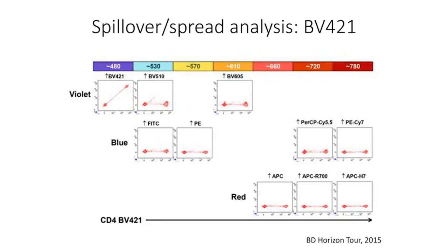Let's take the example of BV421, one of our bright fluorochromes. On the x-axis, we have CD4 expression. Okay, so we have negative and positive cells. Now on the y-axis, there has not been any addition of a conjugated antibody in any of these other colors. So any signal that we see is actually coming from the BV421. So let's take the example of BV510.